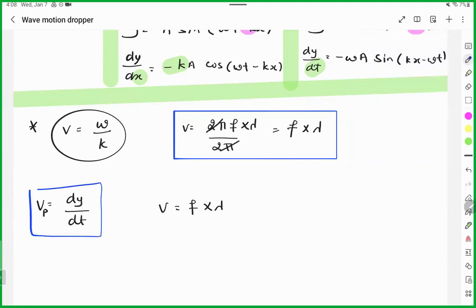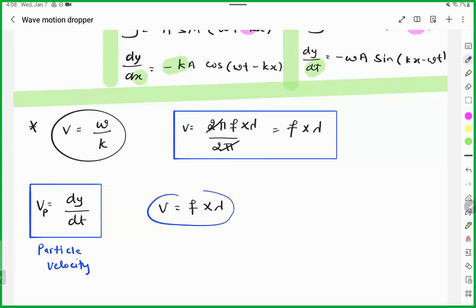This is the particle velocity of an individual particle, and the second is the wave velocity of the complete wave. Remember, these are two different things. The whole wave is moving with some speed, that is wave velocity. An individual particle is moving with some speed, that is particle velocity.